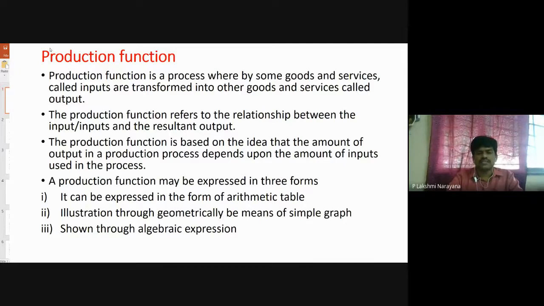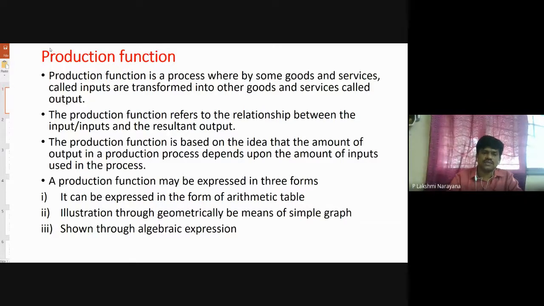The other one is illustration geometrically by means of a simple graph. By using graphs, we can show the relationship of input and output. And another one is shown through algebraic expression, which is nothing but using some equations, by fitting some equations, we can show the relationship of production function, that is, the input and output relationship.